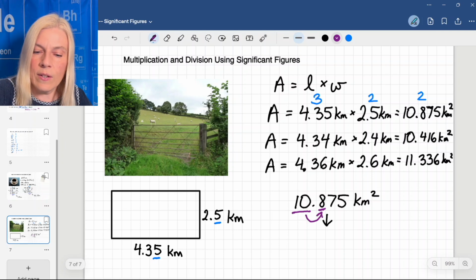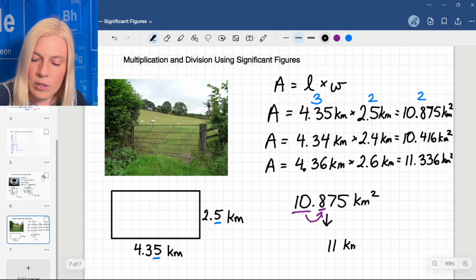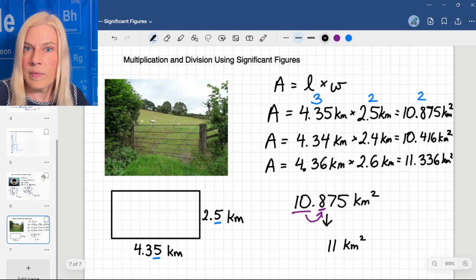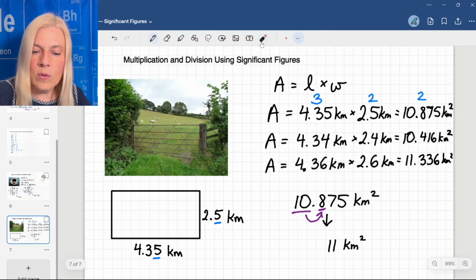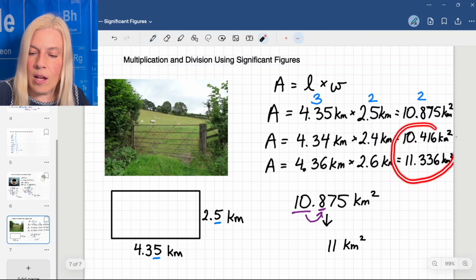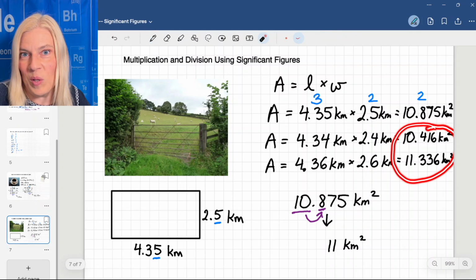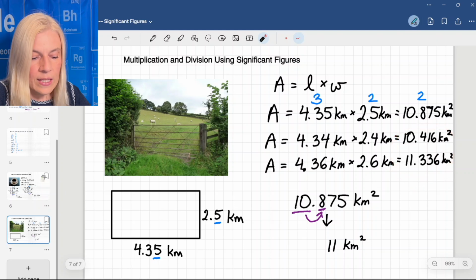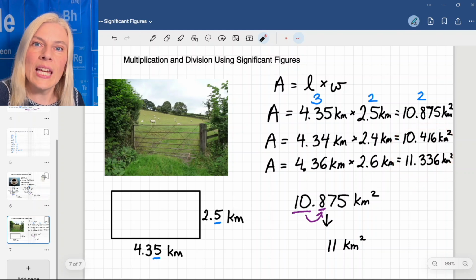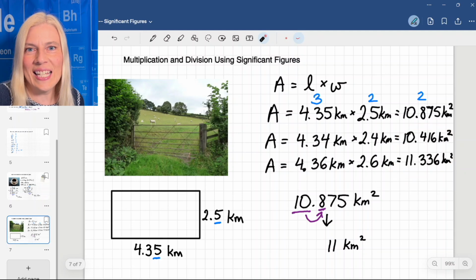I have to have 2 sig figs. So then my answer is 11 kilometers squared. So let's look here. This 11 kilometers squared is certainly right between my low-end estimate and my high-end estimate. So there we go. That's how you're going to deal with multiplication and division using sig figs.